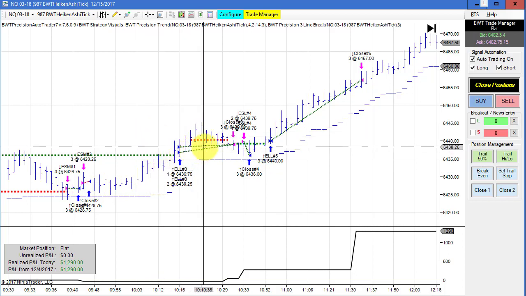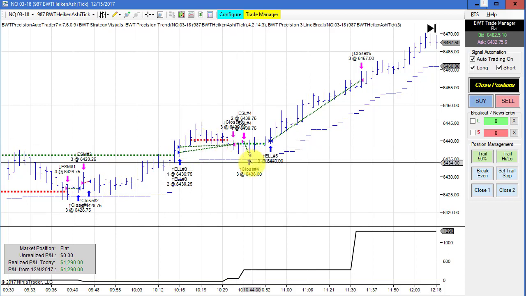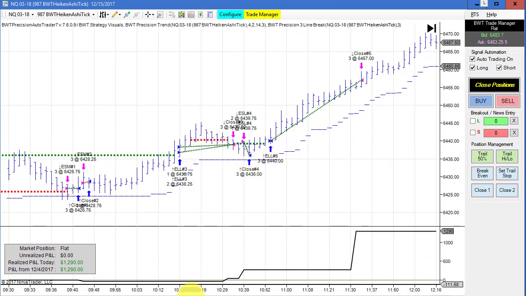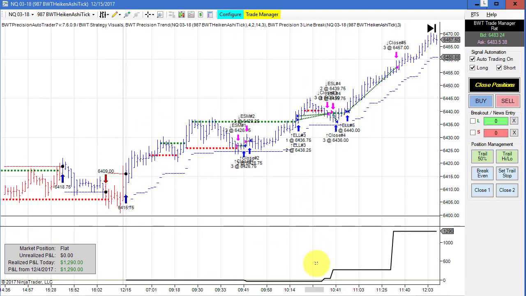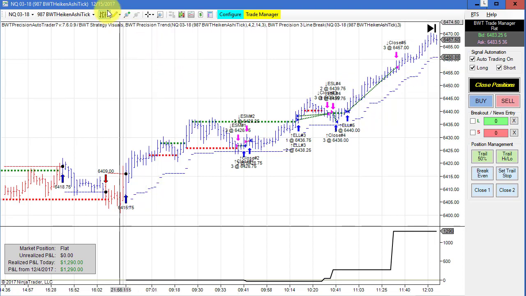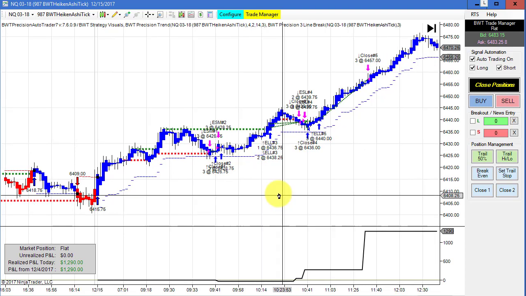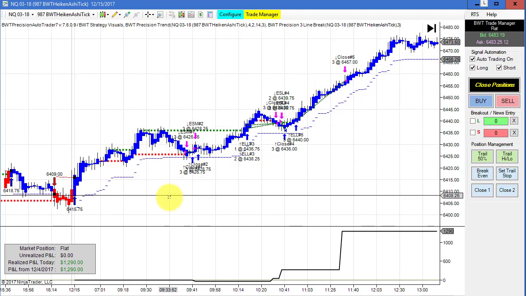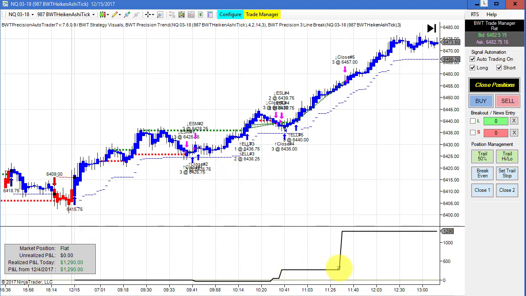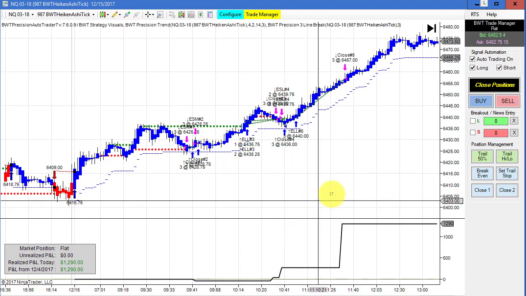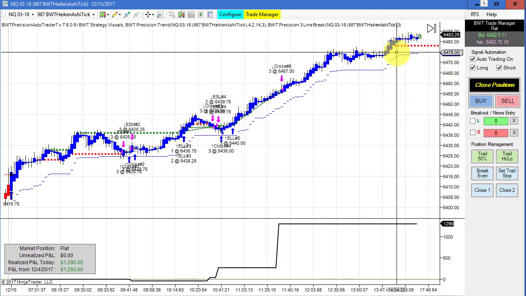We probably exited the trade here because of the line break signal to go short, but then it took us long again. What jumped out at me in a big way is that the indicators did a fantastic job of catching this entire move. The indicator signal is here at 64.1575, and the market went as high as where it is right now, 64.83.